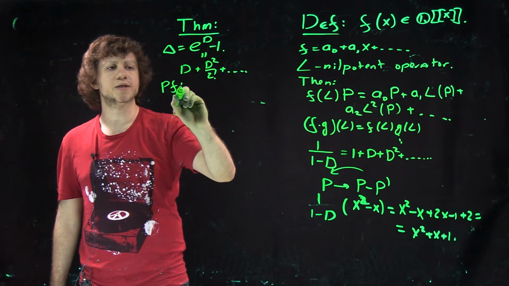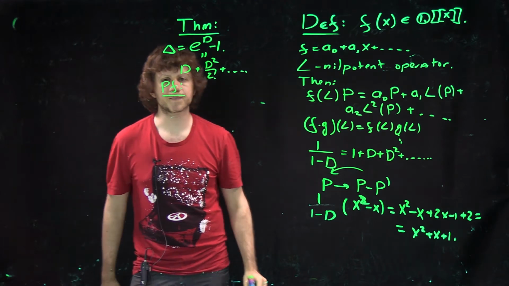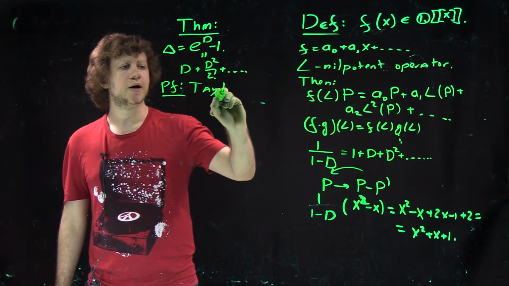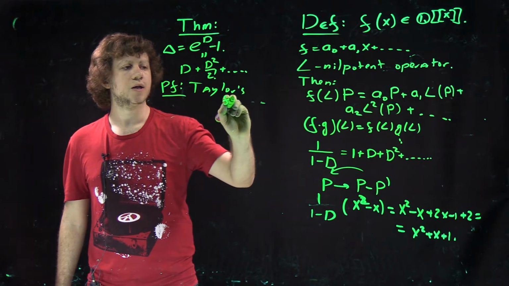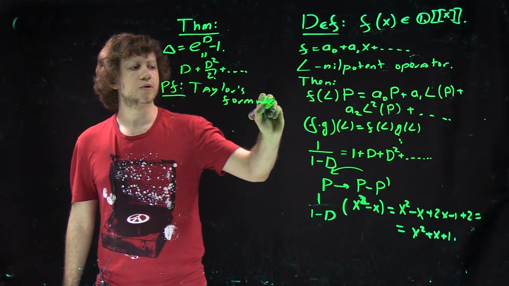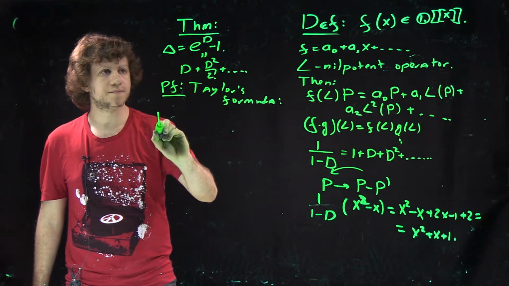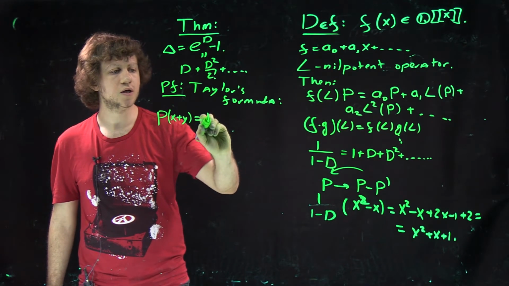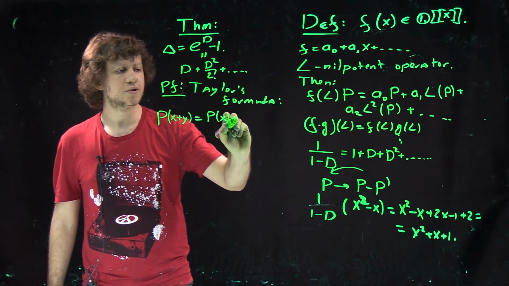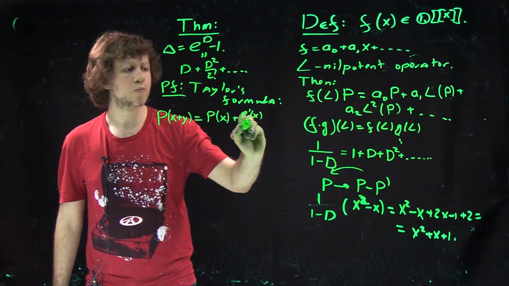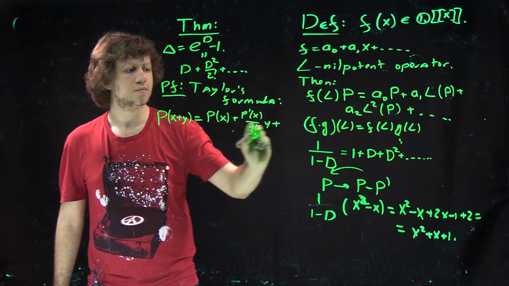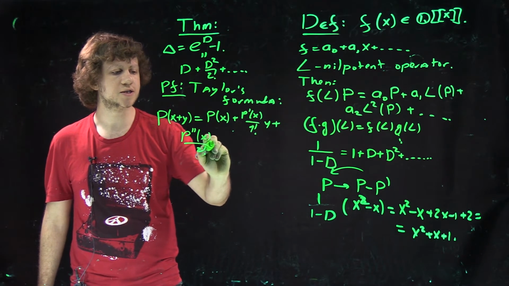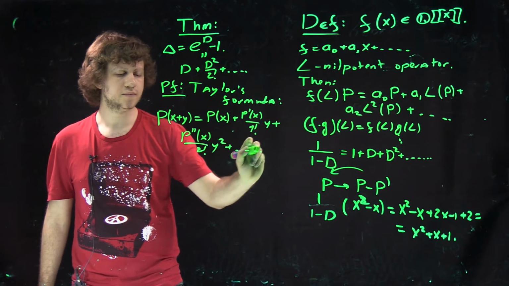The proof is immediate. This is just Taylor's formula. I remind you from last time that p of x plus y equals p of x plus p prime of x over 1 factorial times y plus p double prime of x over 2 factorial times y squared plus and so on.